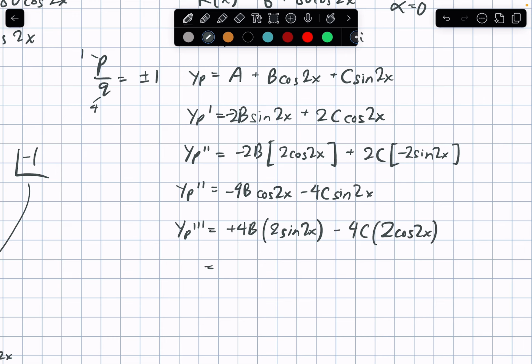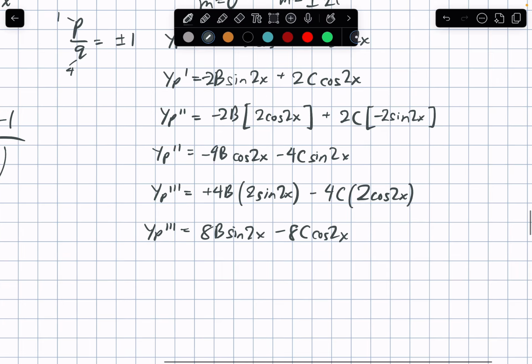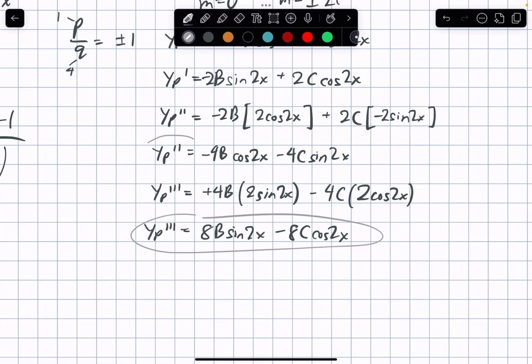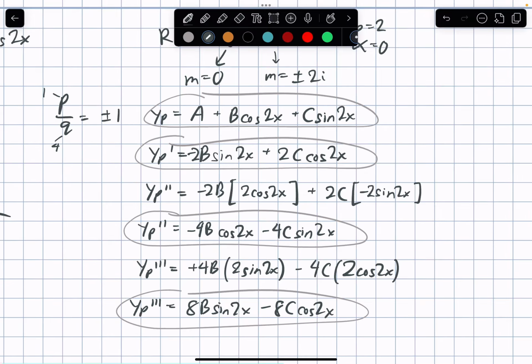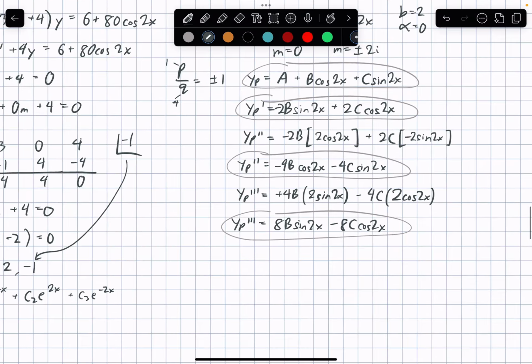Simplify. 8b sine 2x minus 8c cosine 2x. Okay, that's it. Let's now form our y sub p.